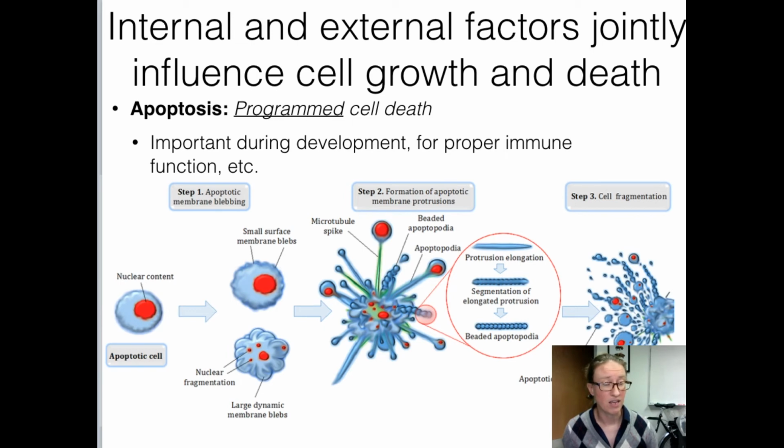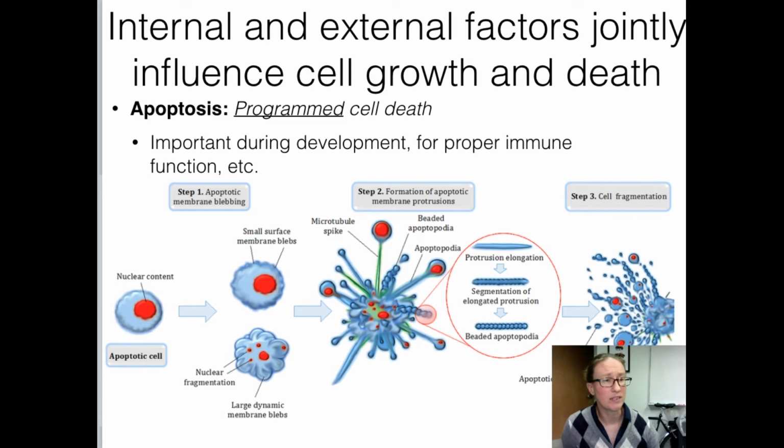And you can imagine that if a cell wasn't planning to explode and it exploded, its contents are going to get released everywhere, and that could cause a lot of problems. So there are times when cells do need to die, but it's better if, when they need to die, they die in a very systematic way, so they don't just spew their contents everywhere.